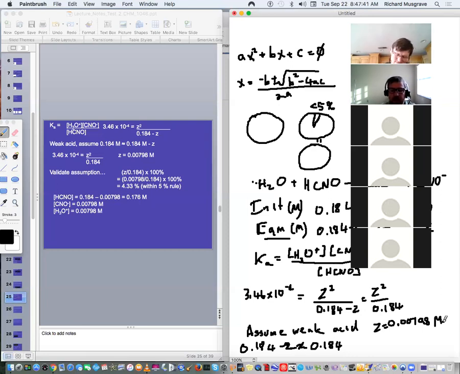Is anybody having trouble getting that? 3.46 to the negative 4 power. No, negative 4. Okay.